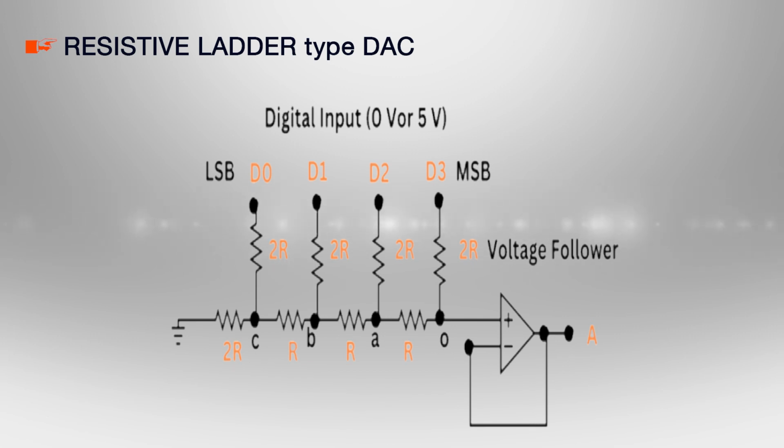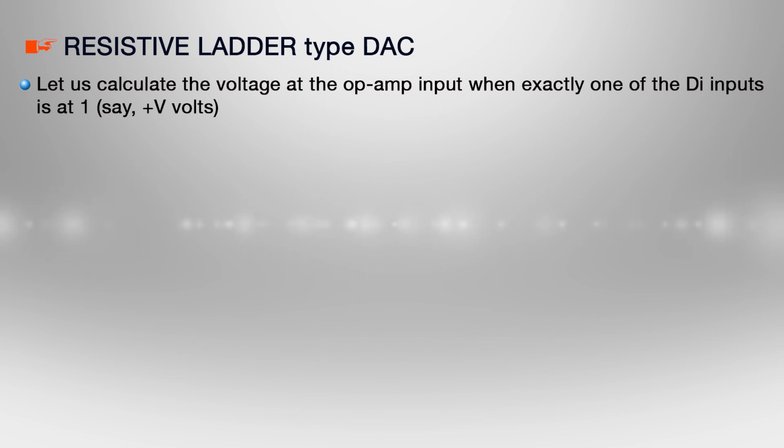Since the feedback path has 0 resistance, the voltage A at the output terminal is the same as the voltage at terminal O. Let us calculate the voltage at the op-amp input when exactly one of the DI inputs is at 1, say plus V volt.